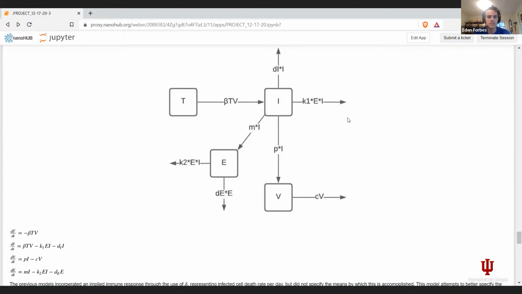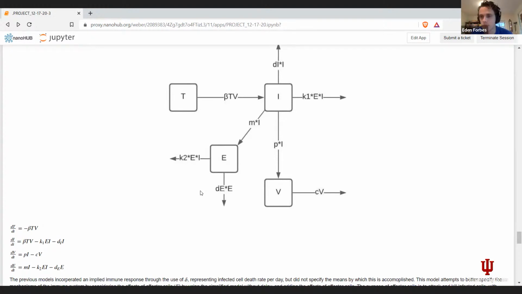So you can see it's the same diagram as the first case, except you also have this effector cell, whose equation is governed by the amount of infected cells. It has its own death rate in interaction with itself, and it has a death rate in interaction with infected cells. So it is both. And once again, the original healthy cells have no death rate associated with them.